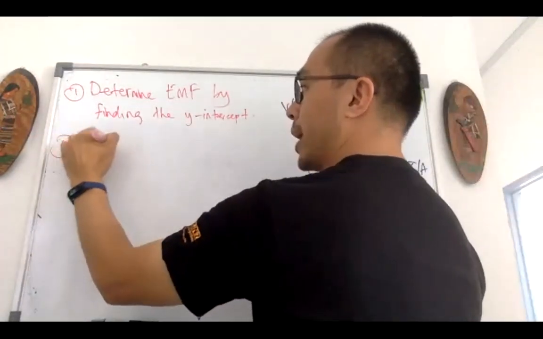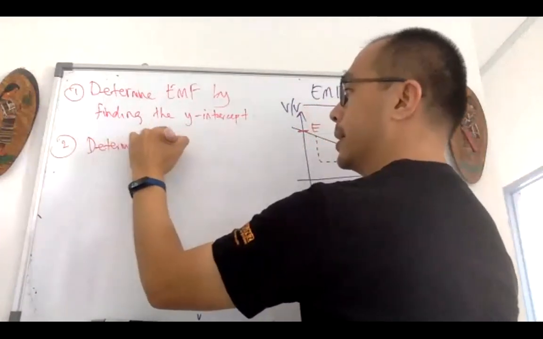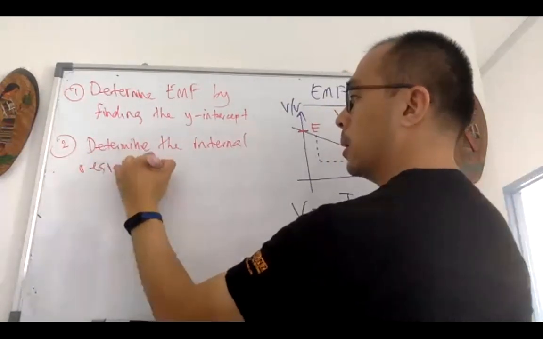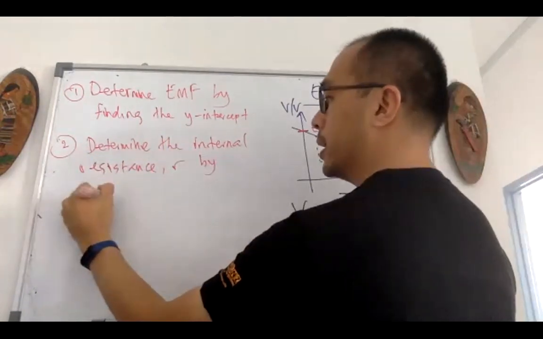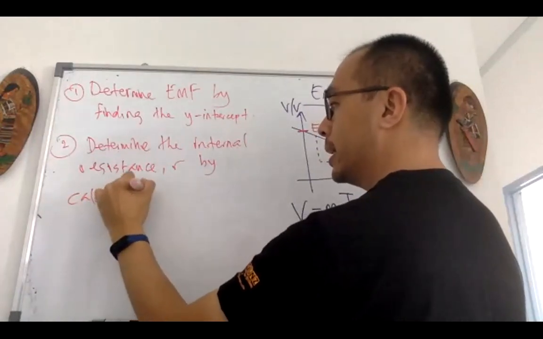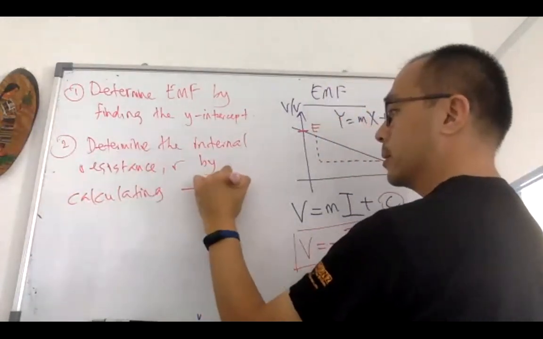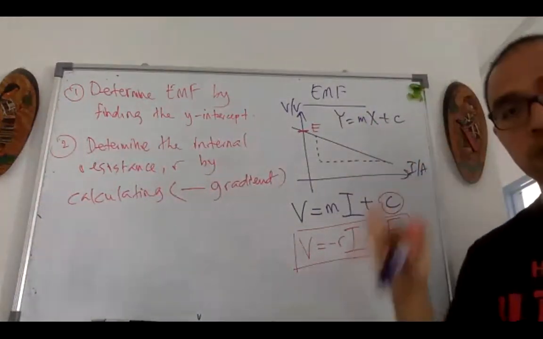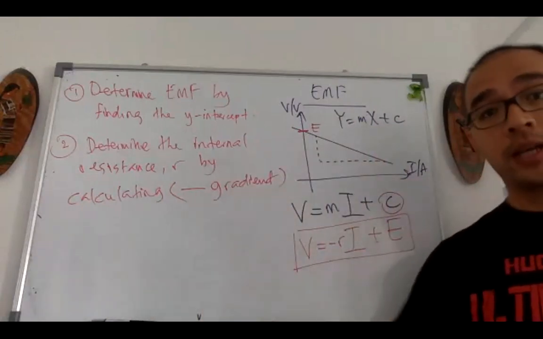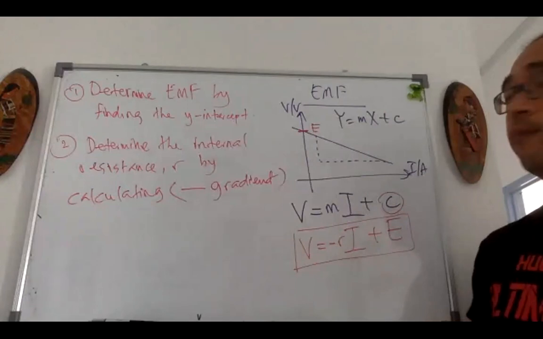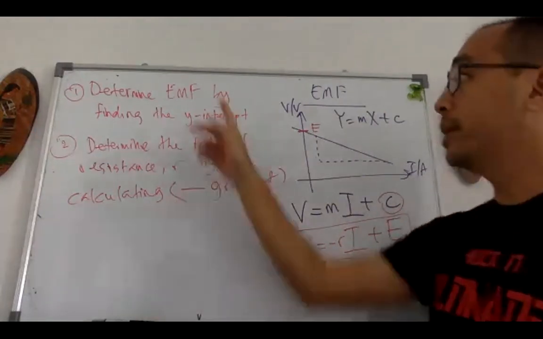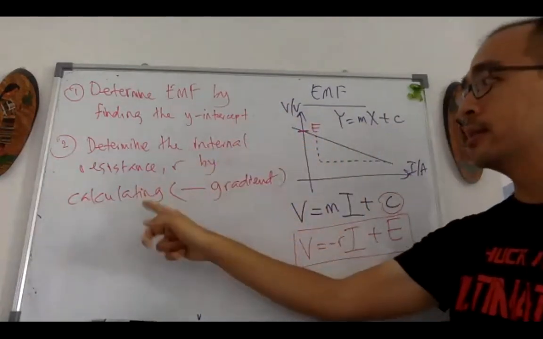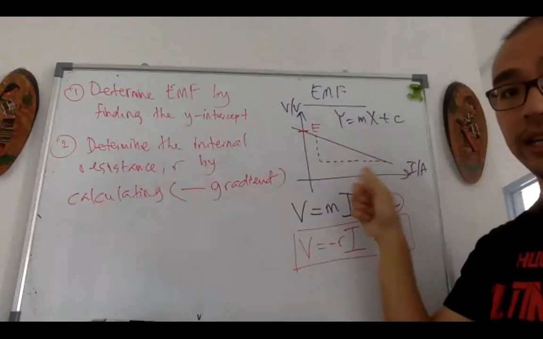Secondly, you can determine the internal resistance, R, by calculating the negative gradient. The gradient you're going to get is negative, so negative of negative, then you get positive. I want you to hold on to these two before we answer this last question. We determine the EMF by finding the y-intercept, and we determine the internal resistance by calculating the negative of the gradient that you find.